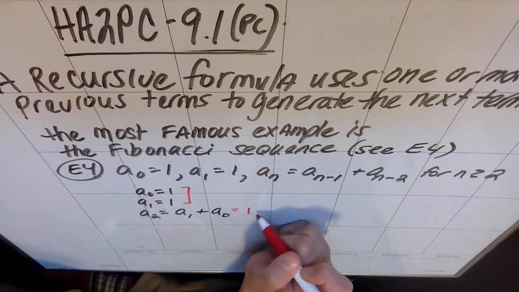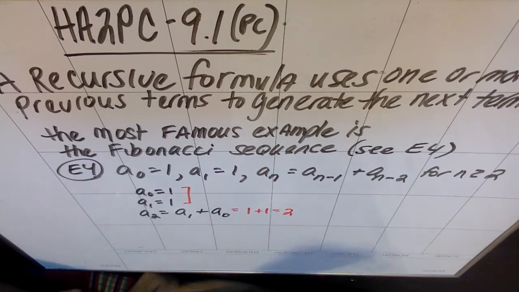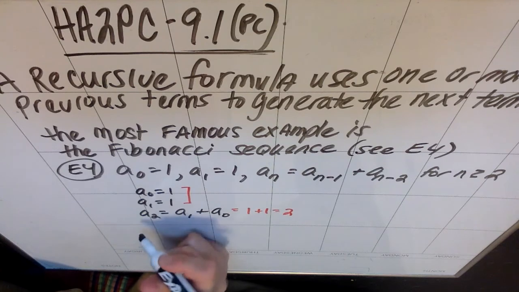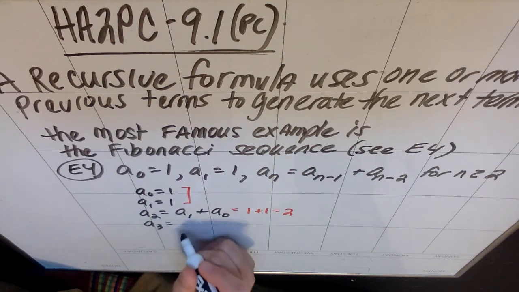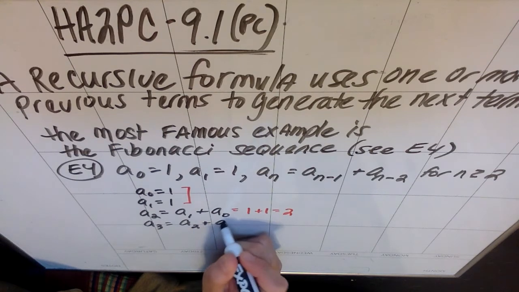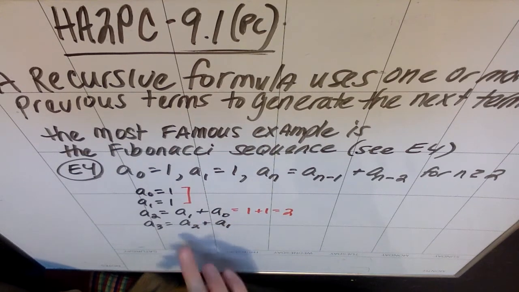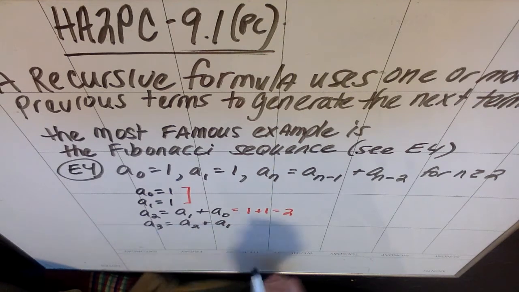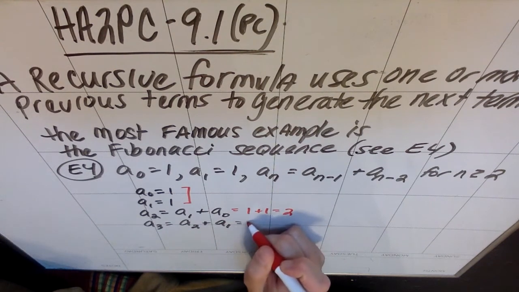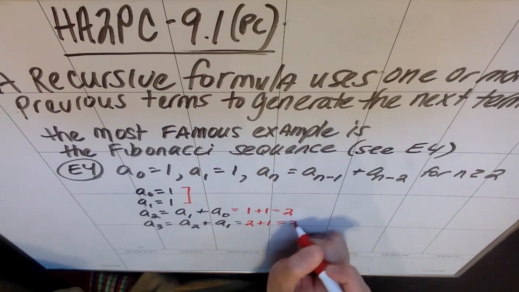It would be 1 plus 1, which would give us a 2. And then the next term, a sub 3, should be a sub 3 minus 1, which would be a 2, plus a sub 3 minus 2, which is a 1. Well, look, that's just the two terms that came right before a sub 3. So that is going to end up being this 2 plus a 1, which would be a 3.